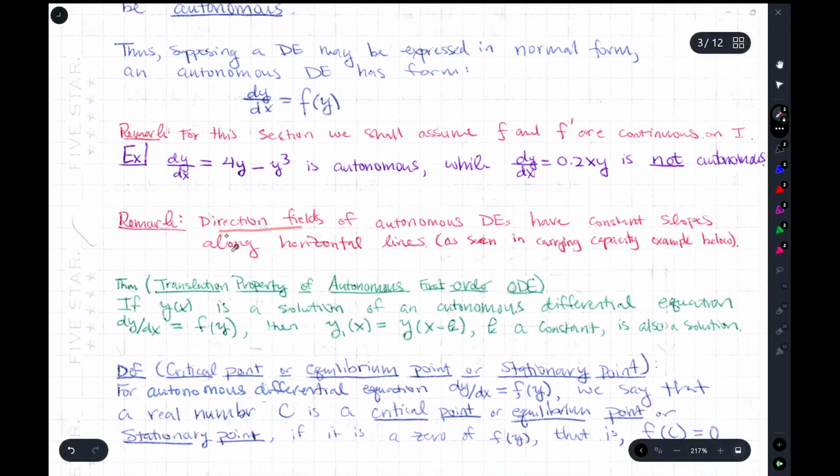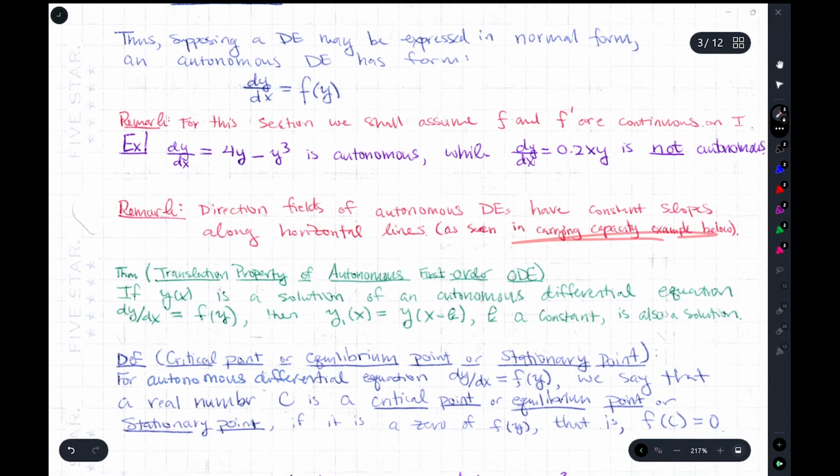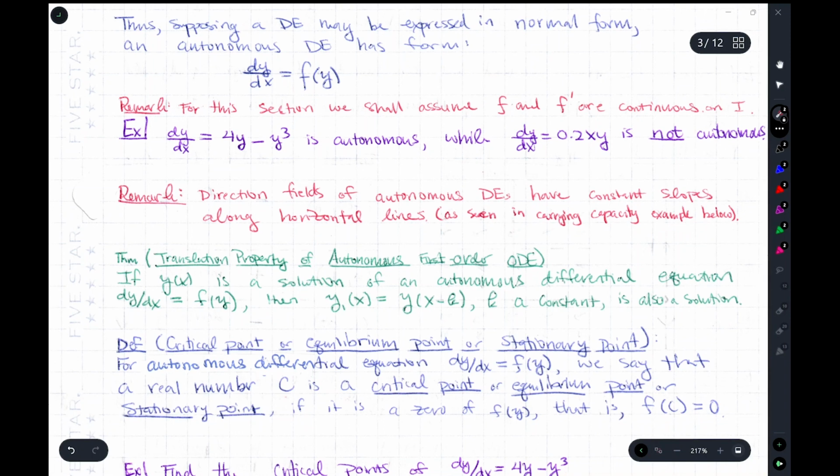Something to note here, direction fields of autonomous differential equations have constant slopes along horizontal lines. Okay? So we'll see that by looking at the carrying capacity example. Okay, that's a population model. But nevertheless, what is a horizontal line? It's a line where y is a constant, right?